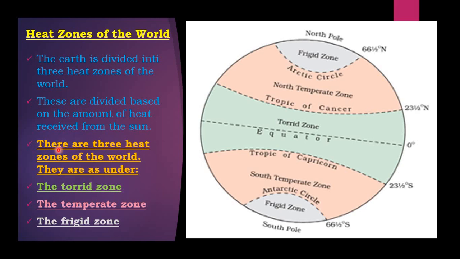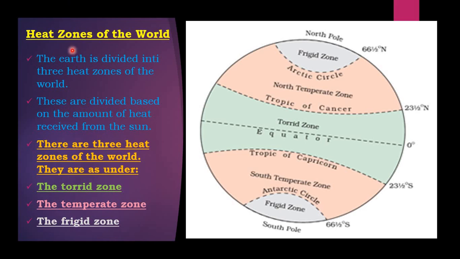There are 3 heat zones of the world. They are as under. The first one is the torrid zone, second the temperate zone, and third is the frigid zone.